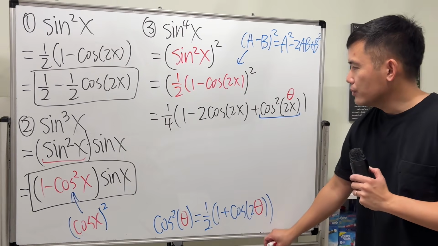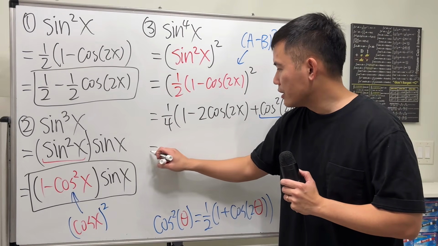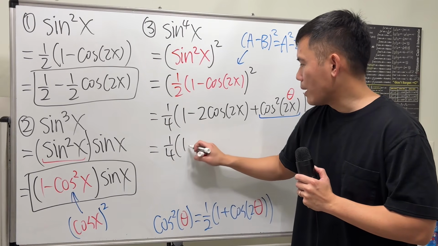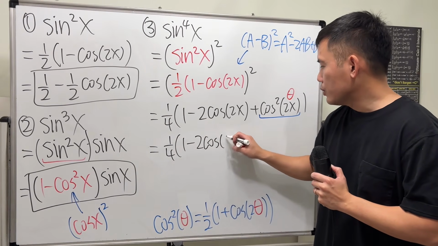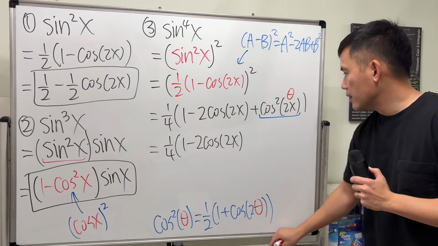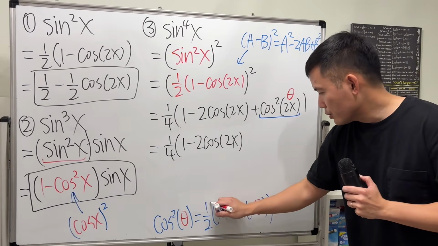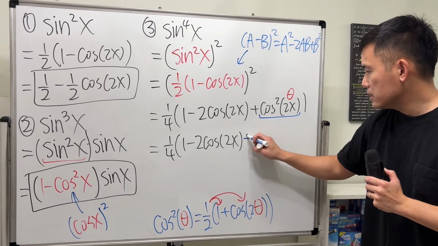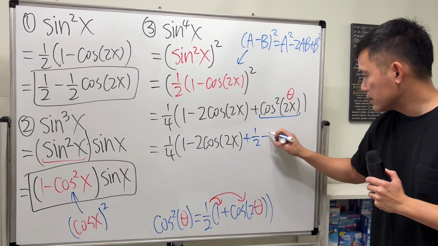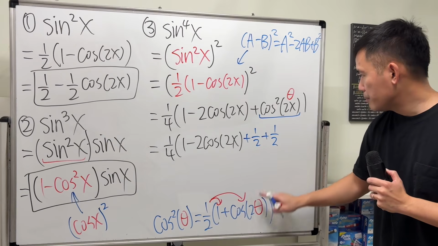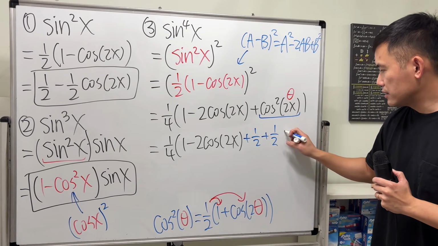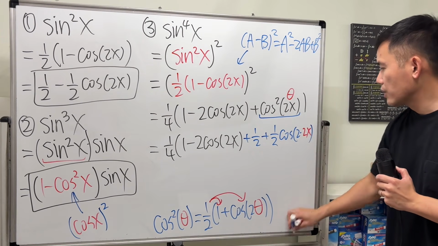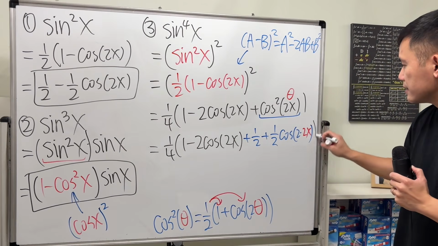Okay, so I'm going to keep this right here, and we will have 1/4 times 1 minus 2 cosine of 2x. But for this right here, I'm also going to be distributing the 1/2. So 1/2 times 1, and then 1/2 times that. And then remember, theta is 2x, so this is cosine of 2 times 2x. And I'll put that as 4x later on.